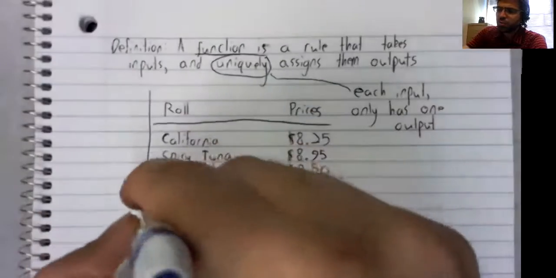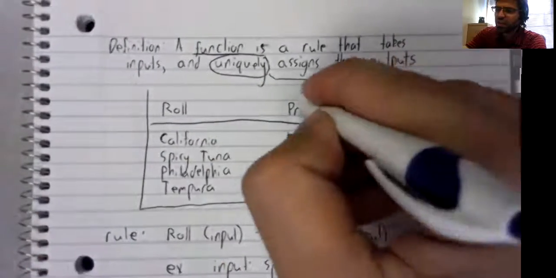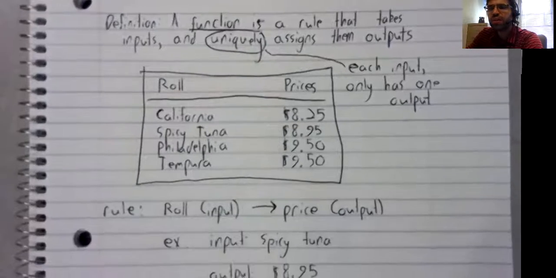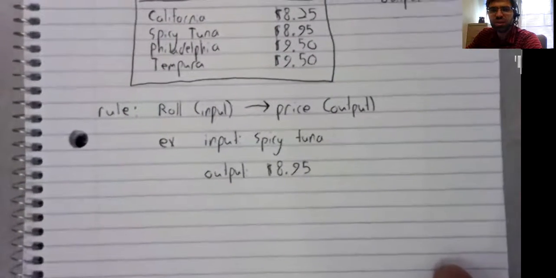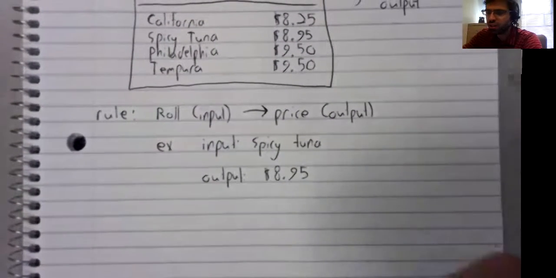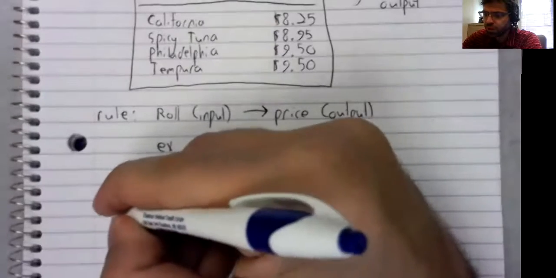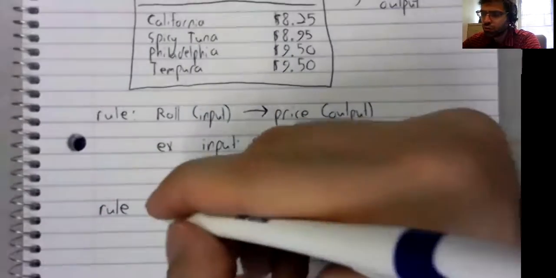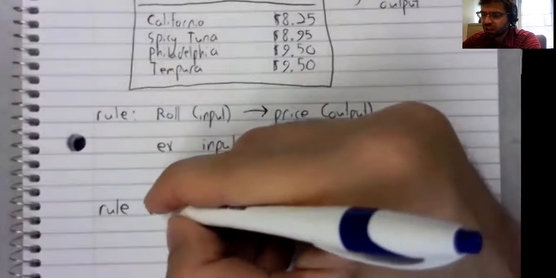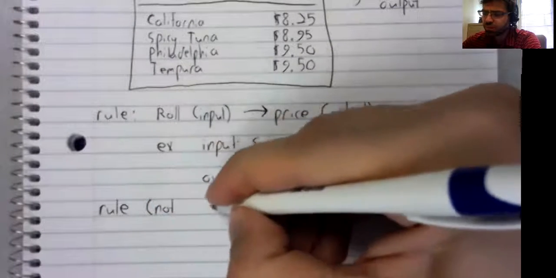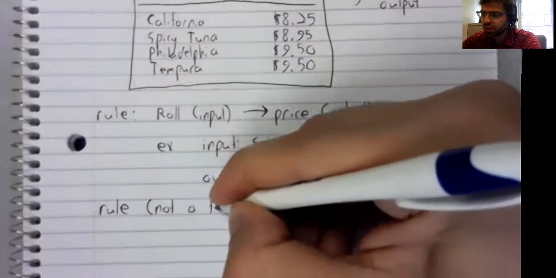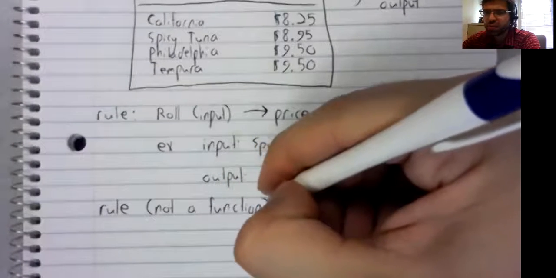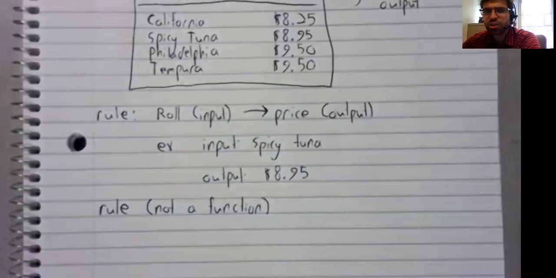And let's use this same example to see something that isn't a function. Let's define the following rule, but let's say up front that this rule is not a function.